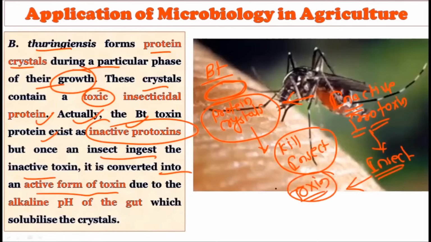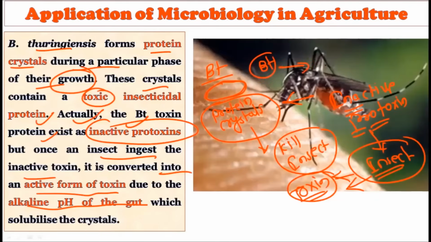It is getting converted into the active toxin due to the alkaline pH of the gut, because the insect gut has an alkaline pH, and these toxins get activated due to it. The alkaline pH solubilizes the crystals, converting the inactive protoxin into the active toxin. So Bacillus thuringiensis on the one hand produces the protein crystals which have insecticidal properties, but they remain in an inactive protoxin form in the bacterium.